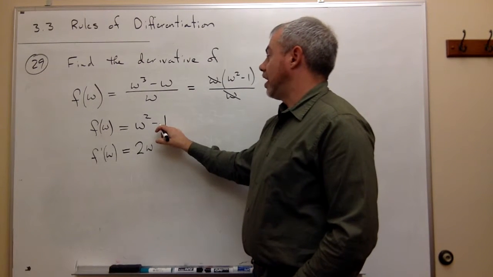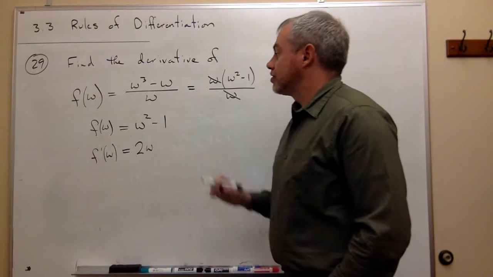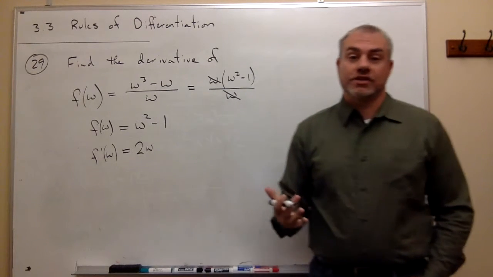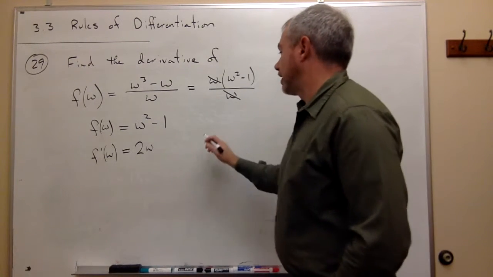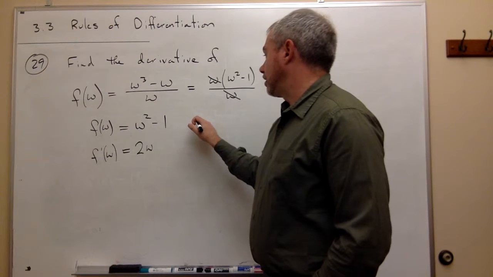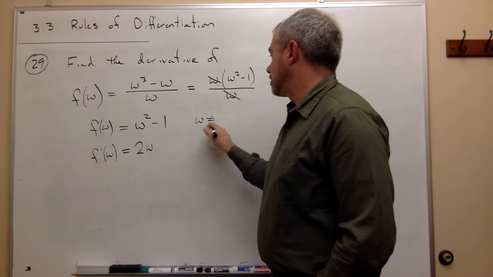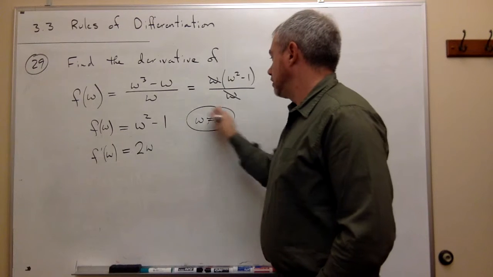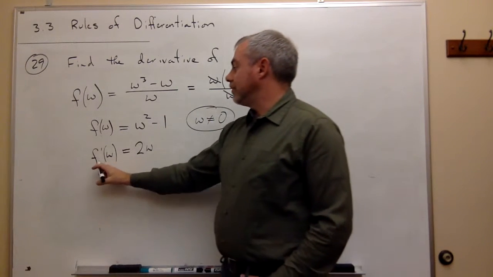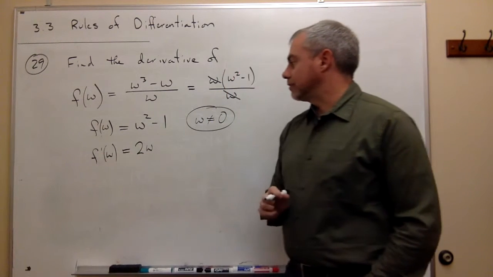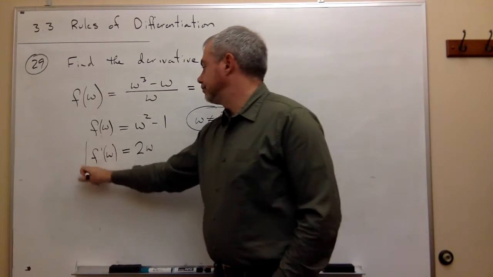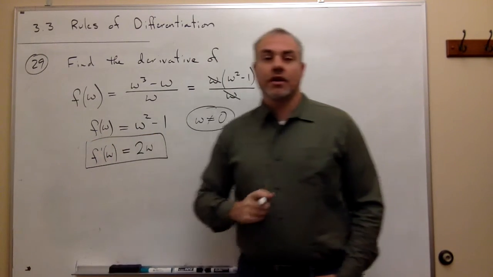And the derivative of negative 1 is 0. So provided that w is not equal to 0, and maybe I'll write that in here, then the derivative, f prime of w, is equal to 2w. And that's our answer.